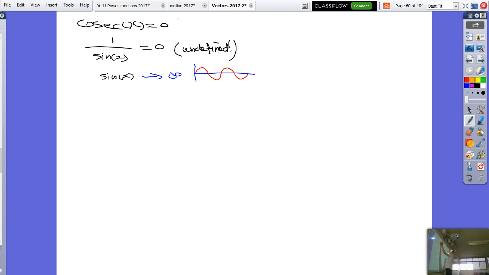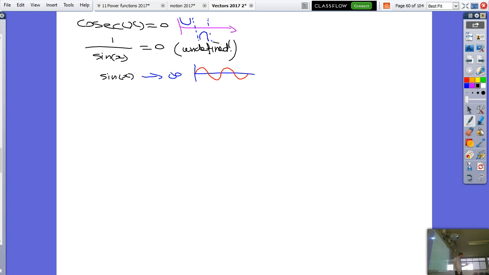Thinking about it in terms of cosec, there's a little graph of cosec. You can see again that it never goes to 0, because as it gets closer to the axis y equals 0, it turns and then goes up again. So this factor doesn't equal 0. It doesn't contribute to 0. So there are no solutions of x from the cosec factor.